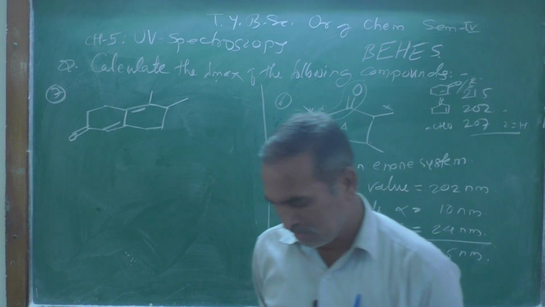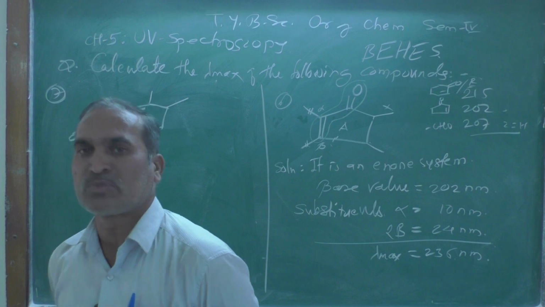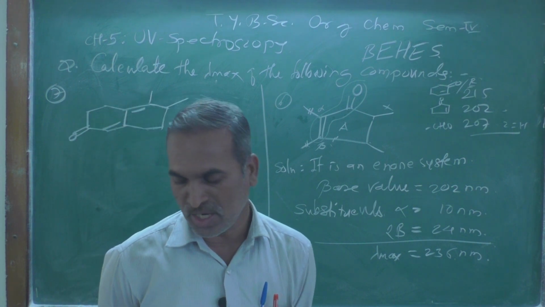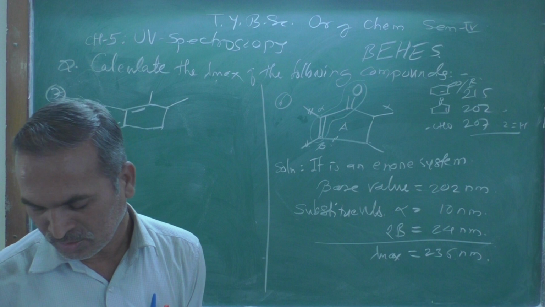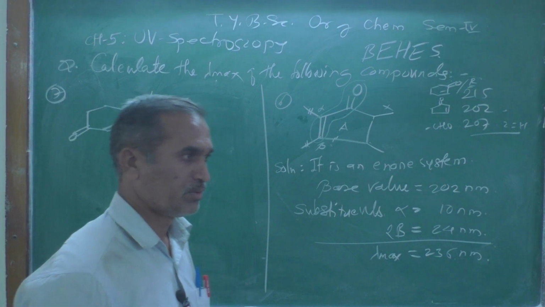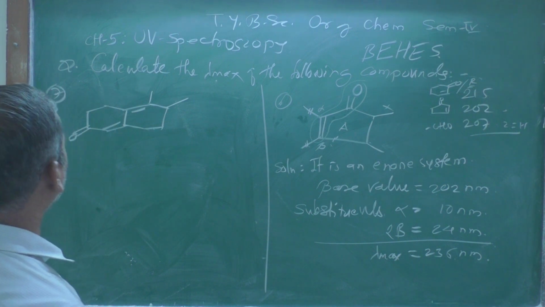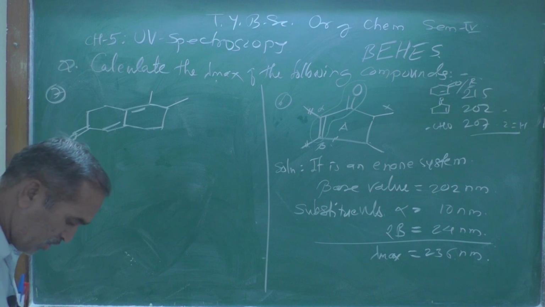These are the problems which generally come in the exam, so I am trying to solve that problem over here. Now if you observe this structure carefully, what do you find?